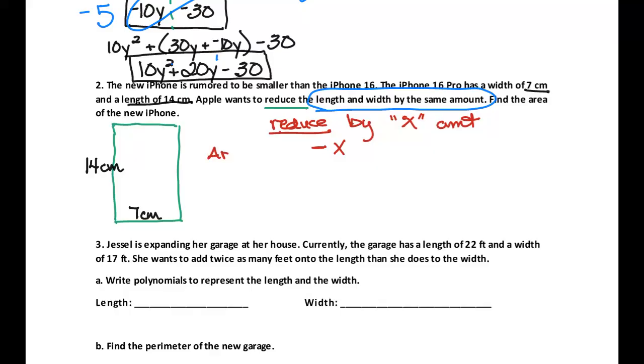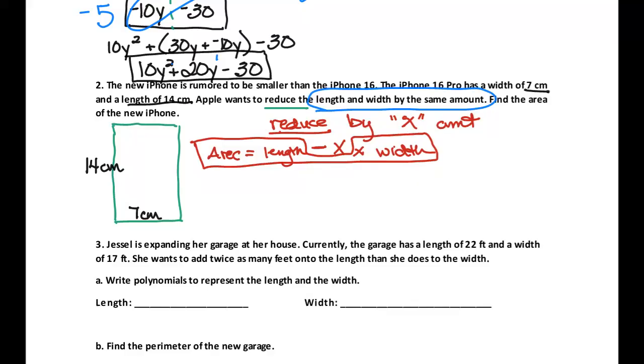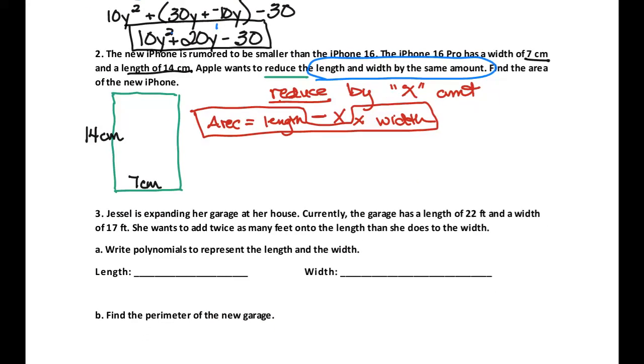Area, again, of a rectangle is length times width. And of course, I'm running out of space. Hopefully yours is not messed up like mine is. All right, so this time I'm going to use double distributive method, okay?